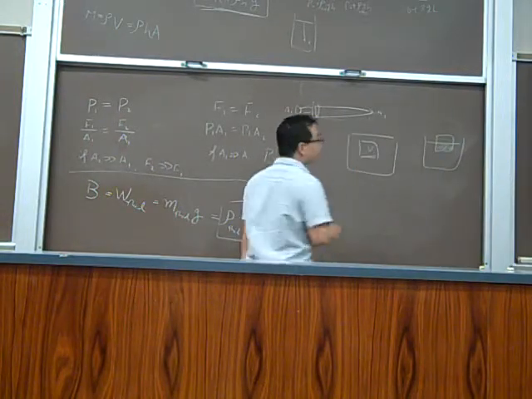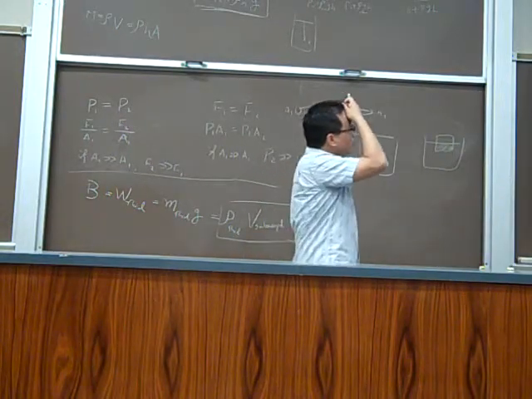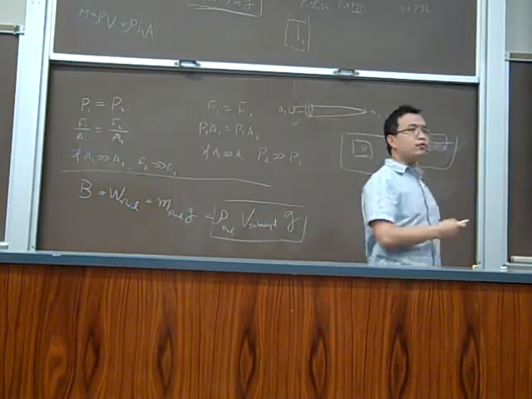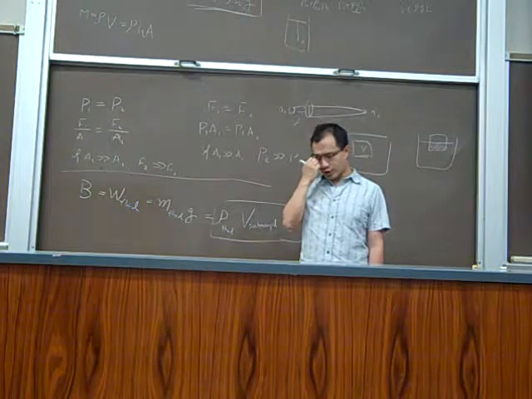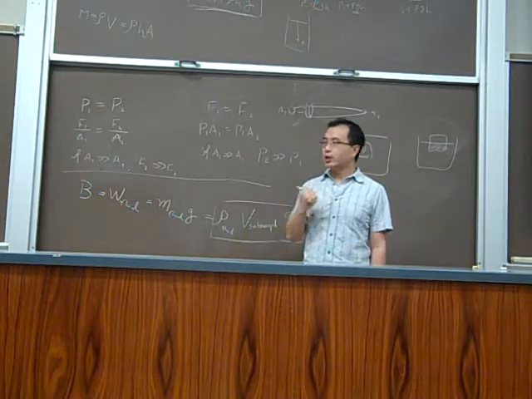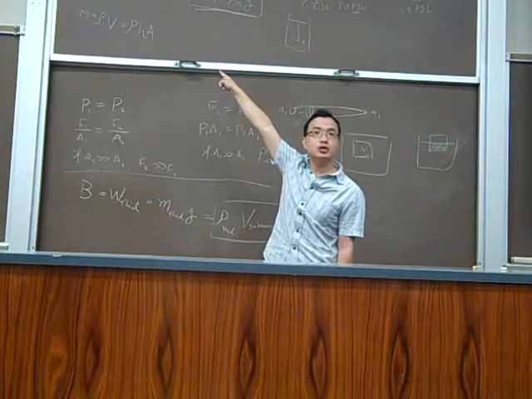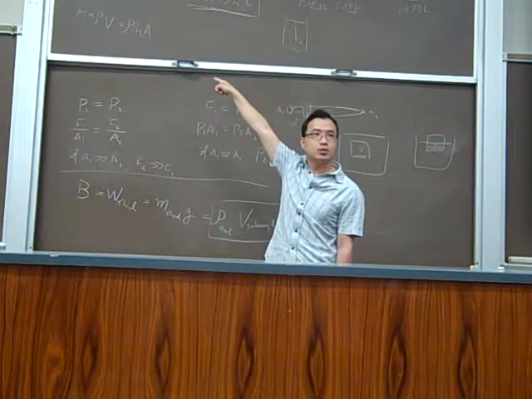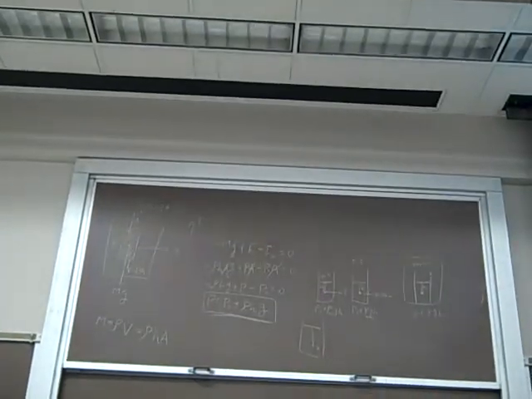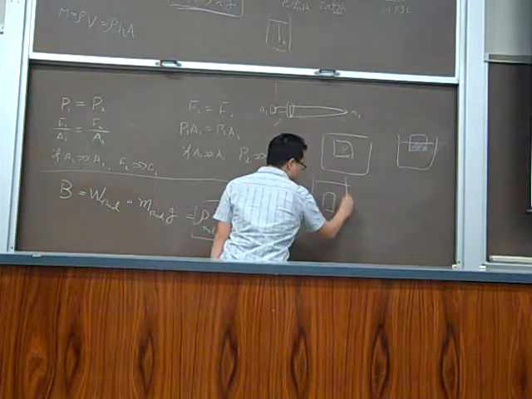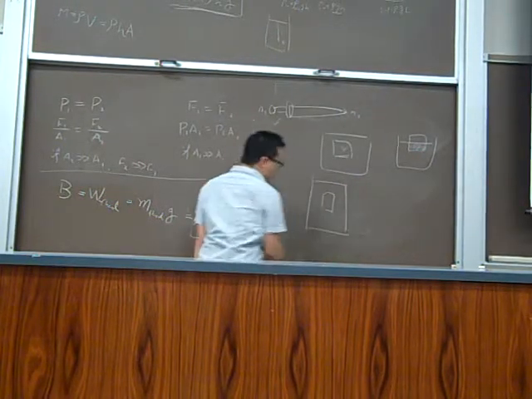So this is the buoyant force. Please note that the buoyant force is not actually a new force. It's a force that comes from the pressure difference we calculated earlier. Consider something completely submerged.